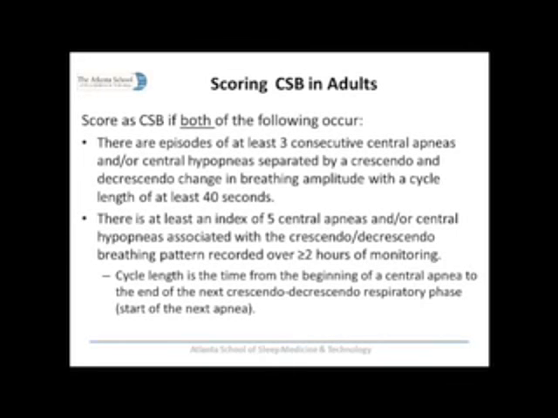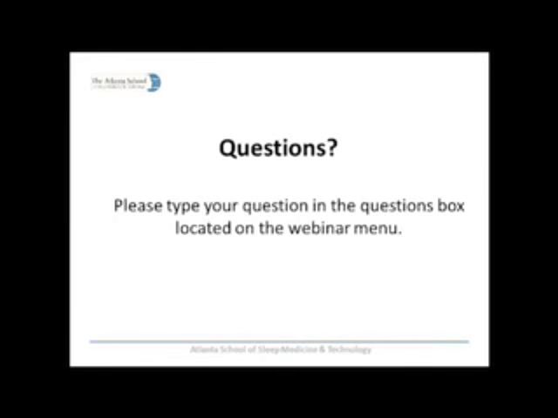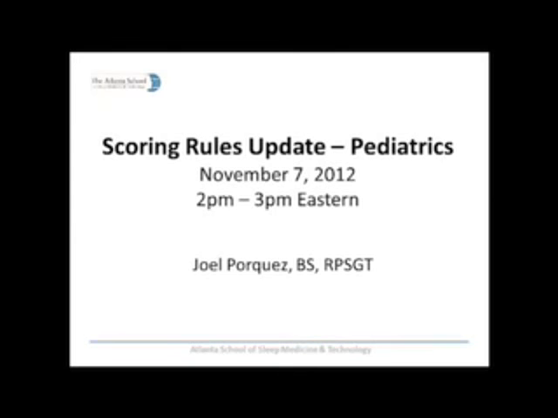We also then need at least an index of 5 central apneas or central hypopneas associated with the crescendo, decrescendo breathing pattern recorded over at least 2 hours of monitoring. I didn't specify it earlier, but there is some additional notation in version 2.0 scoring for the optional scoring of central hypopneas.